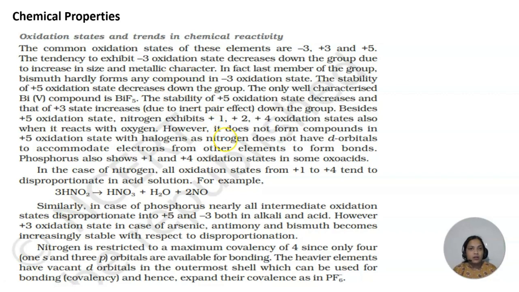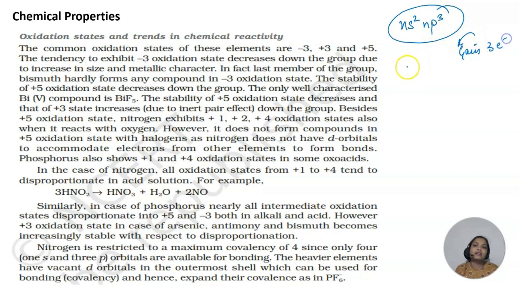Now if I am talking about the oxidation state, since there are 5 electrons in the outermost shell, they can gain 3 electrons easily. So that is why they can form anions. So -3 oxidation state can be there, +3 can be there by loss of these electrons, and +5 can also be there.